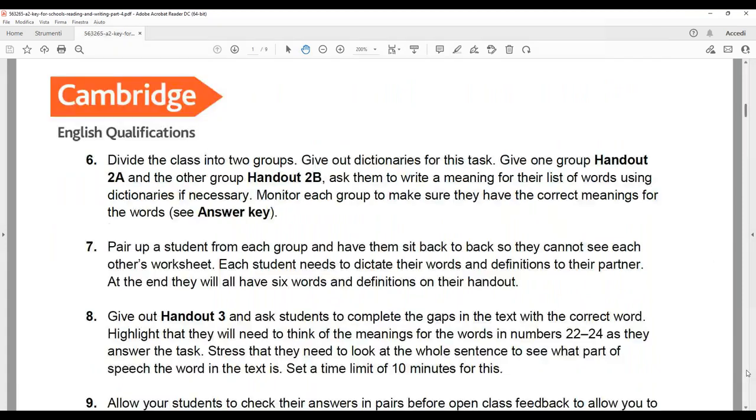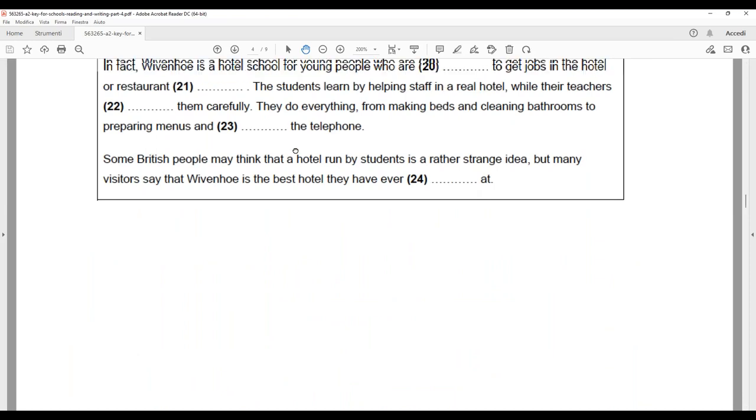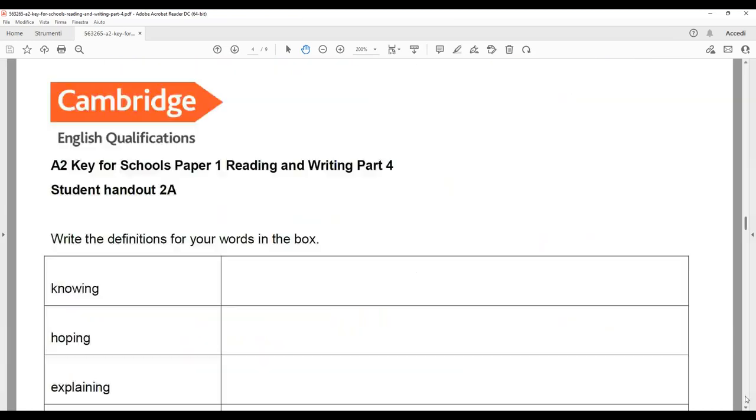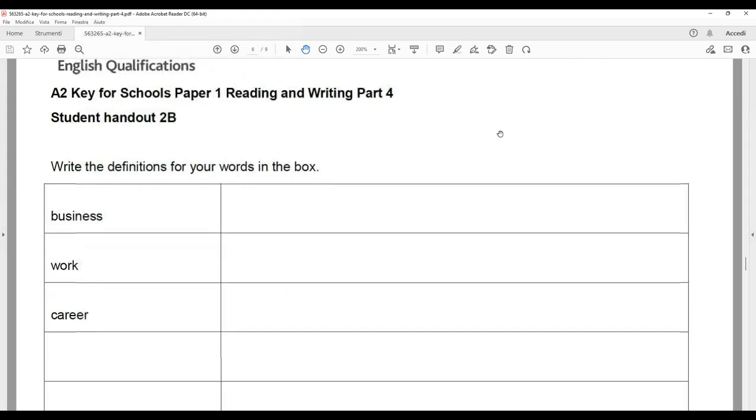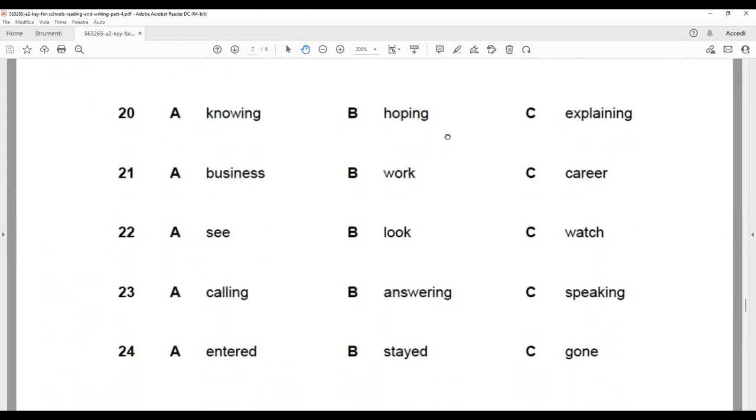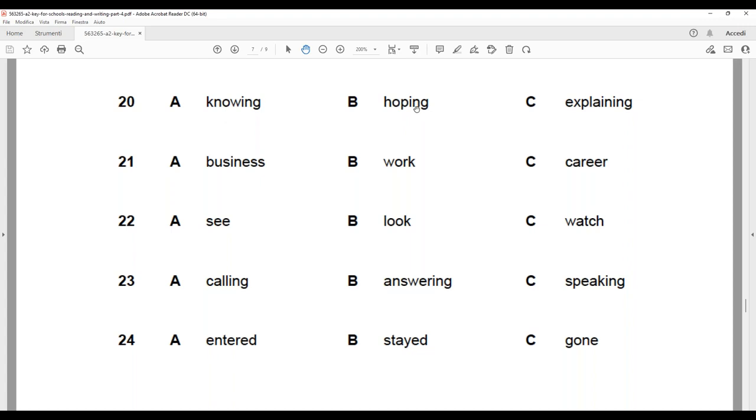Let's go back to the other options. The suggestions for number 20 were knowing, hoping, explaining. 21, business, work, career. 22, see, look, watch. 23, calling, answering, speaking. 24, entered, stayed, gone.